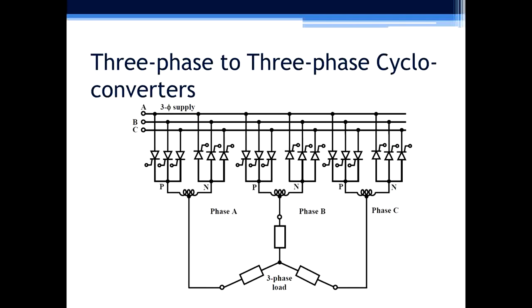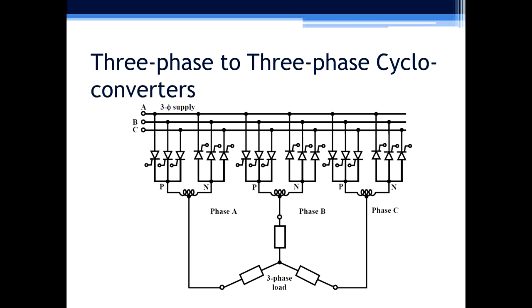Now let us understand the operation of the 3-phase to 3-phase cyclo converter. So in this converter we will be making use of the three phase to single phase cyclo converter. Here you can see we are just using the previous circuit. So first converter 1 is used, which has 3 devices of P converter and N converter.